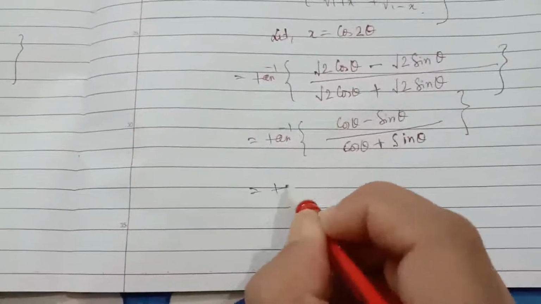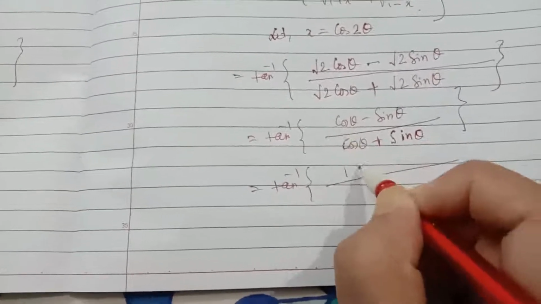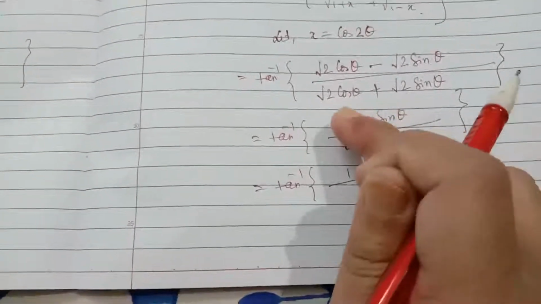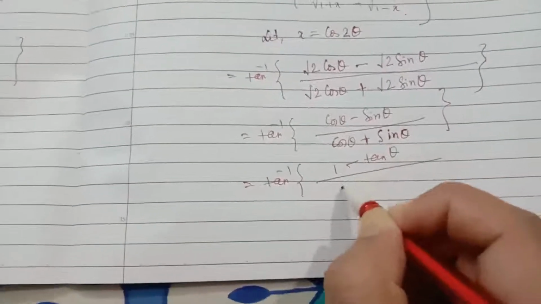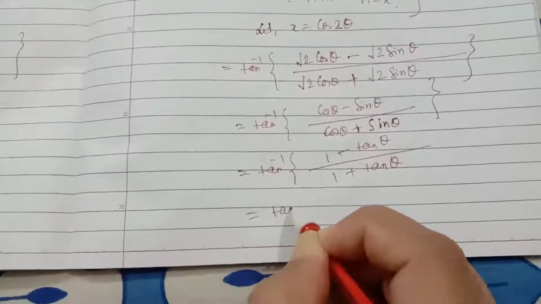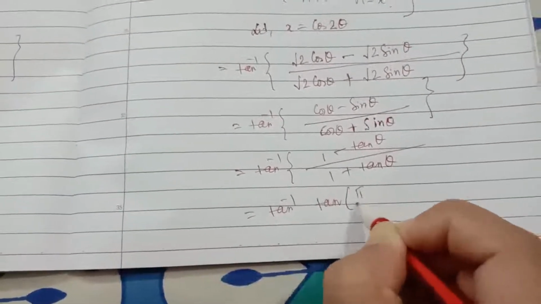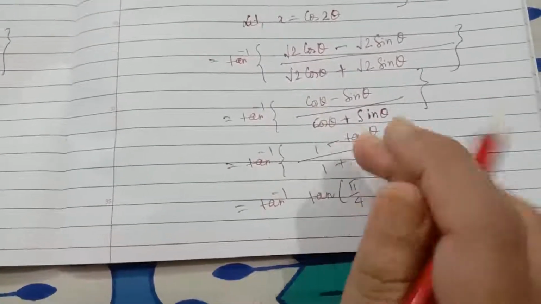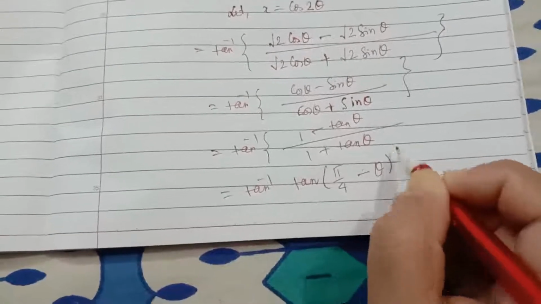Now dividing numerator and denominator by cos theta, the numerator will become 1 minus tan theta and the denominator will be 1 plus tan theta. So 1 minus tan theta by 1 plus tan theta. This formula you got in class 11: 1 minus tan by 1 plus tan is tan of pi by 4 minus theta.